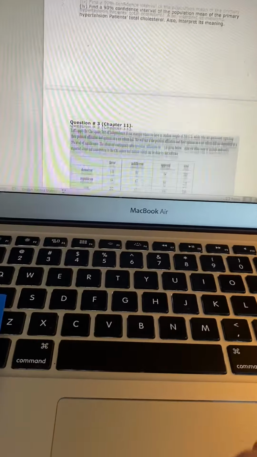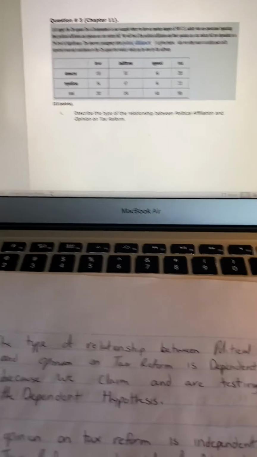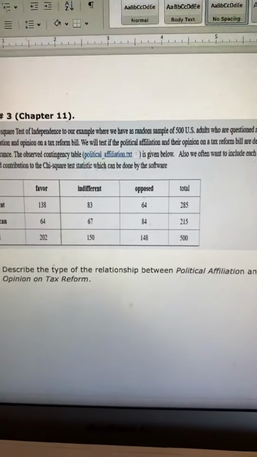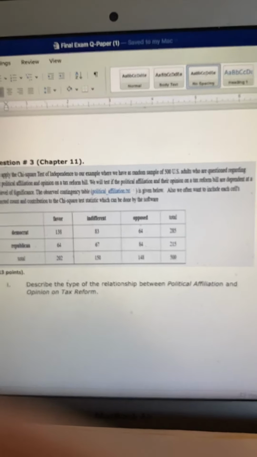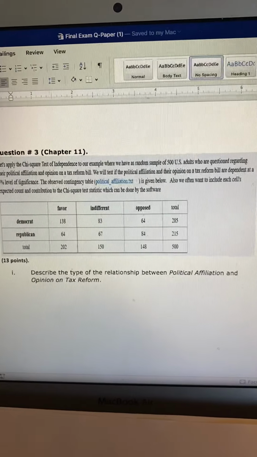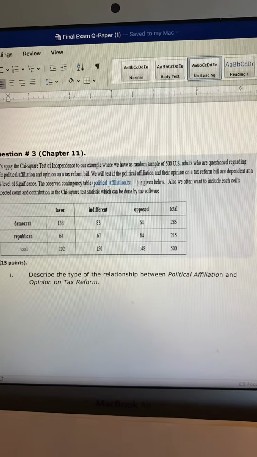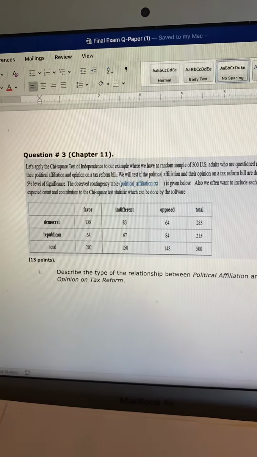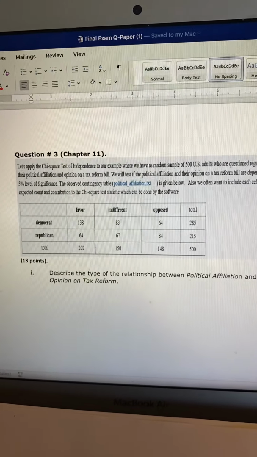So question number 3 is going to be a chi-square test. Sorry if I butchered that pronunciation. So using the chi-square test of independence for our example, we have a random sample of 500 adults who are questioned regarding their political affiliation and opinion on the tax reform bill.